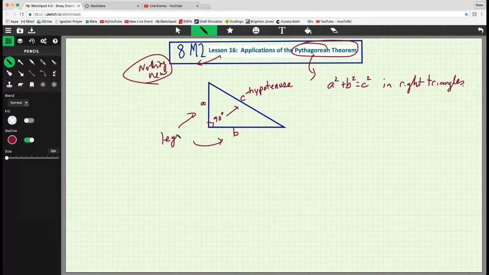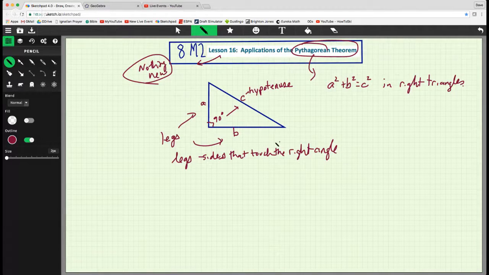These are called legs. These touch. The 90-degree angle is the included angle. The legs are the sides that touch the right angle. That's pretty much the whole idea of the Pythagorean theorem.